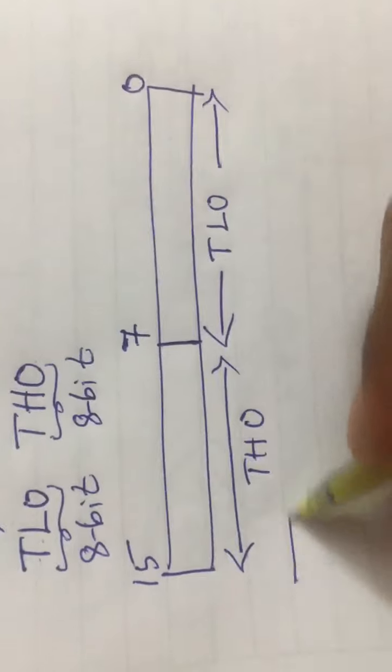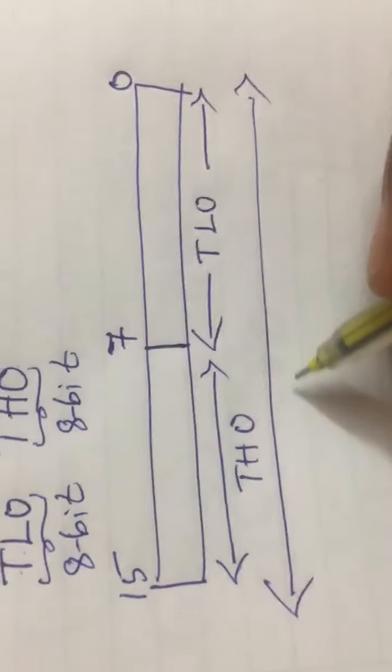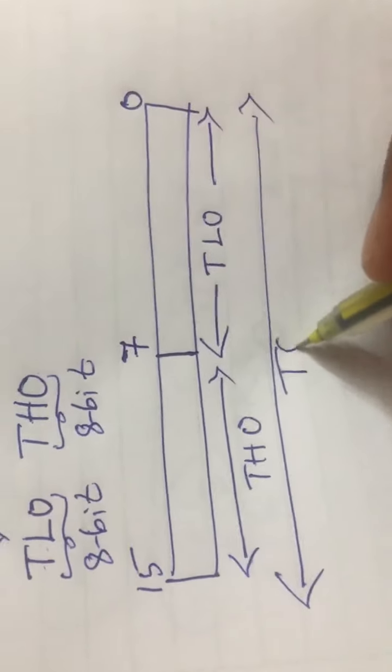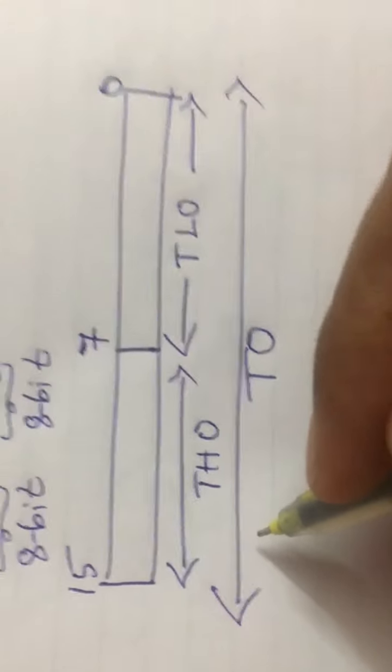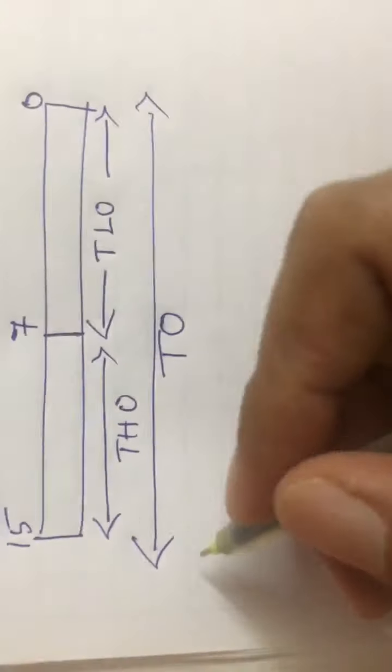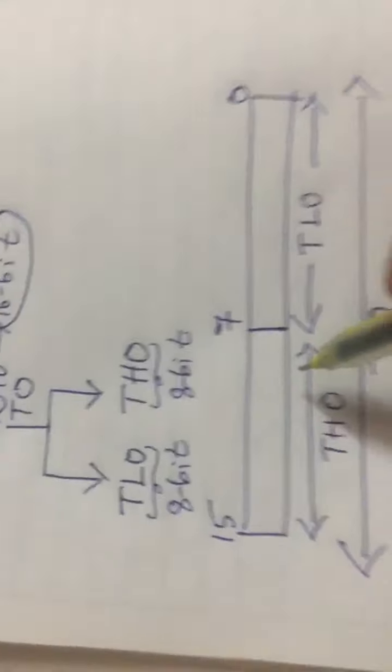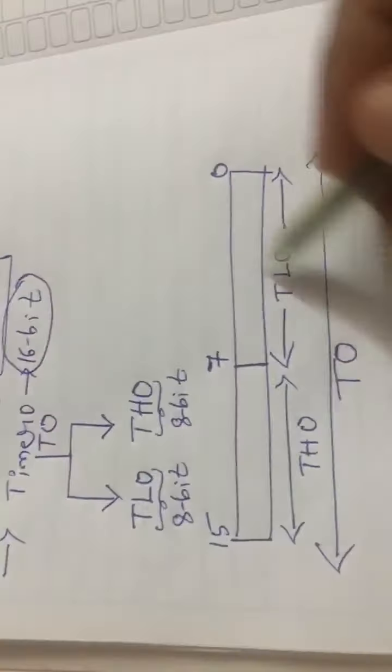If I combine these two, I get the total T0, that is timer 0. So this is all about timer 0.